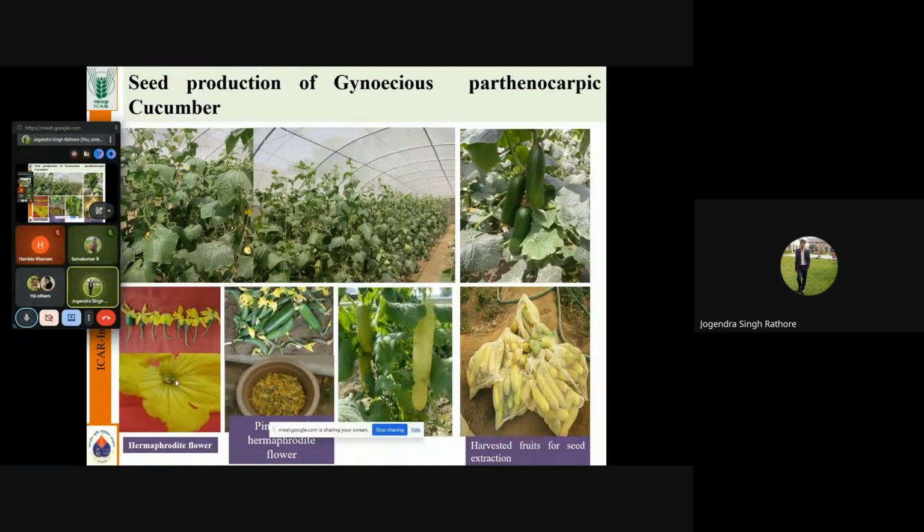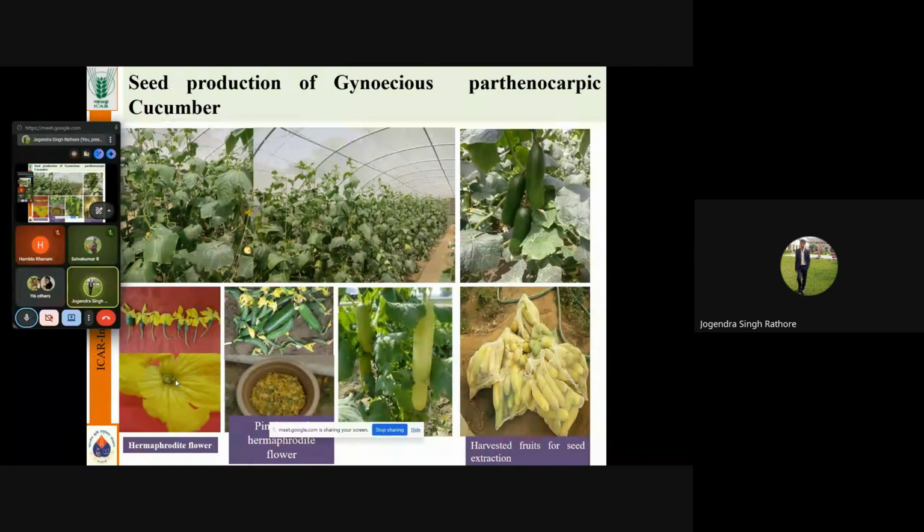So we have to do excessive pinching of all the flowers which appear after the two STS sprays. We remove these deformed flowers, and after this pinching the plant goes into a mixed stage.